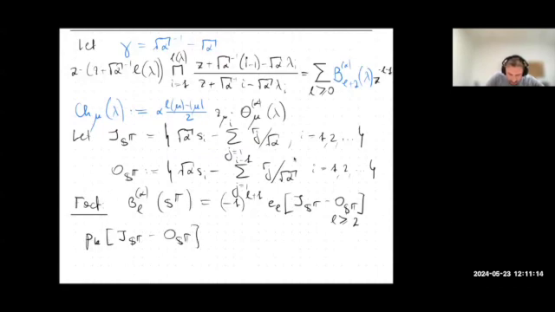The power sum is simply the sum over elements from the first set of I to the power k, minus the sum of the elements from the second set to the power k.